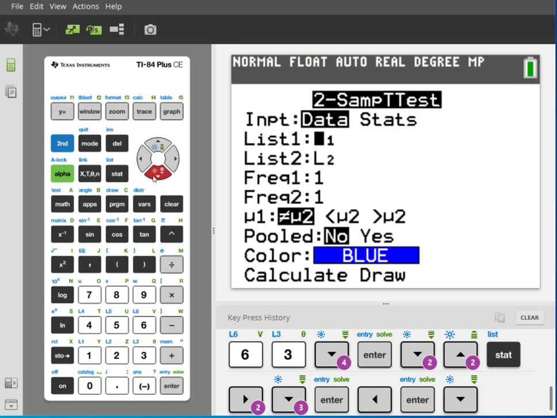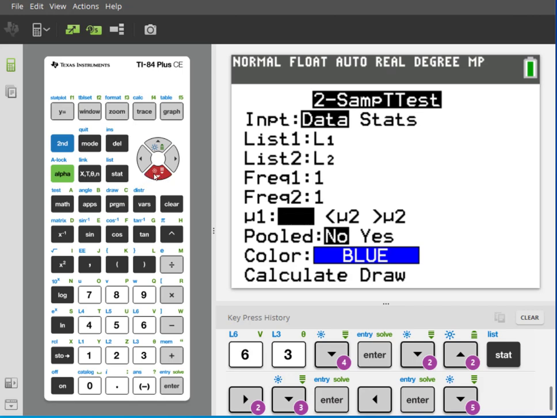And it's pretty uncommon in a statistics class to have frequency data along with that, so you just leave the frequencies of those lists set to 1, and that just tells the calculator each data item occurs one time only. And then the rest is the same.